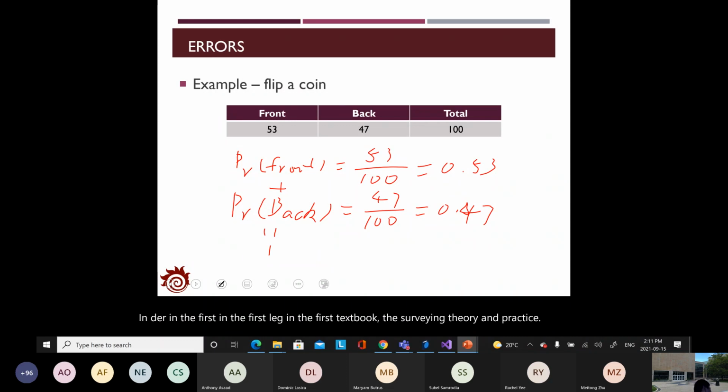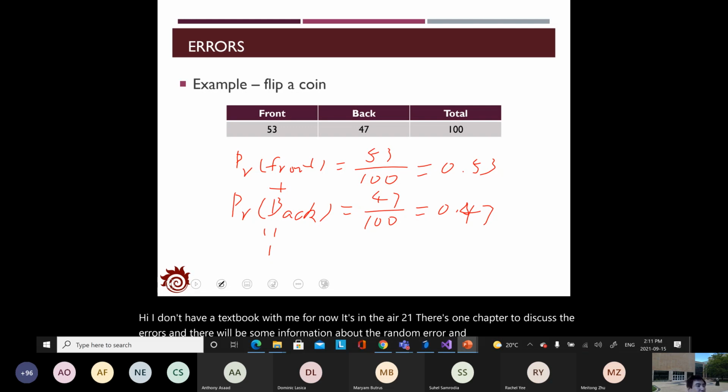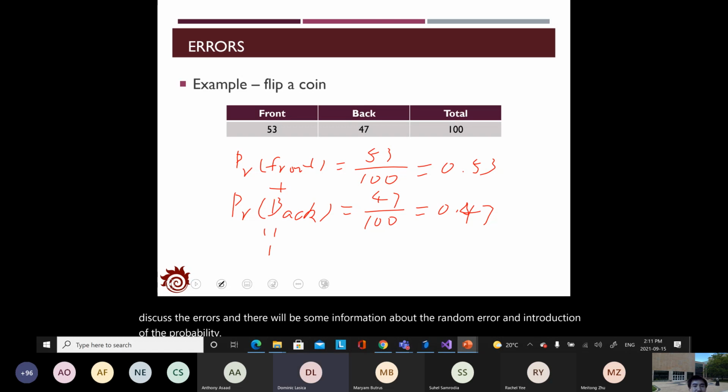I don't have a textbook with me for now. There's one chapter that discusses the errors, and there will be some information about the random error and the introduction of probability. Okay, thanks. Yes.